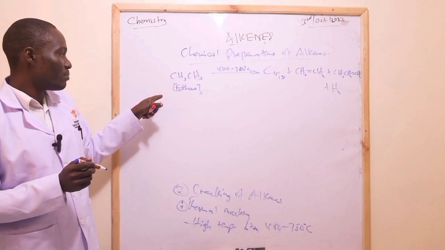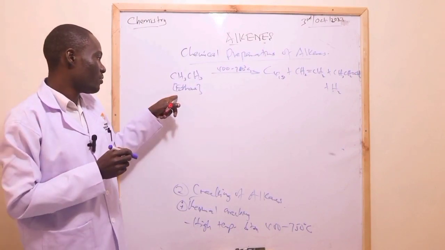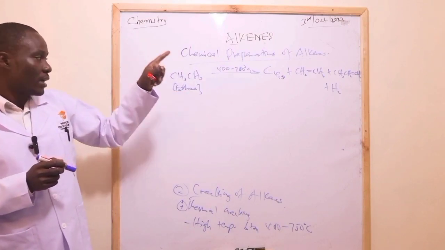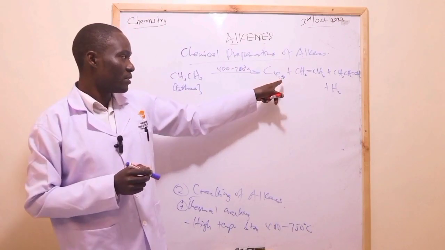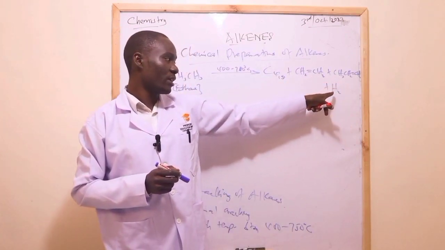So we can summarize this by saying that should we break an alkane member, for instance, ethane, we get methane, we get ethene, we get propene, and of course hydrogen gas.